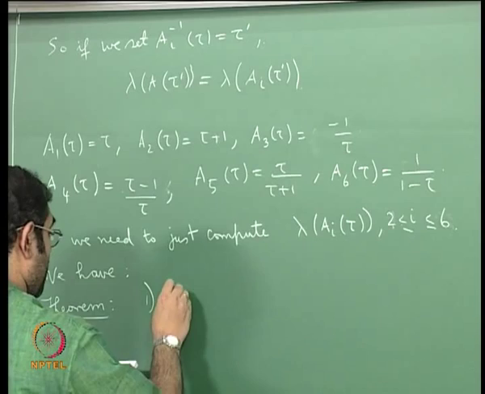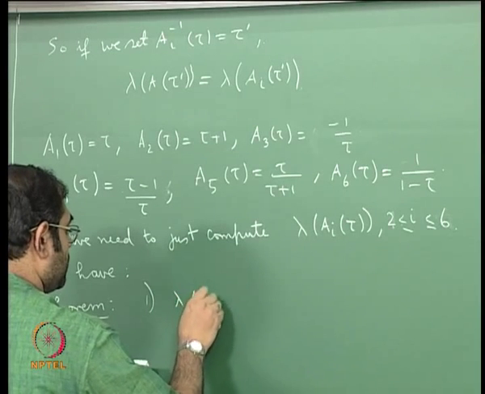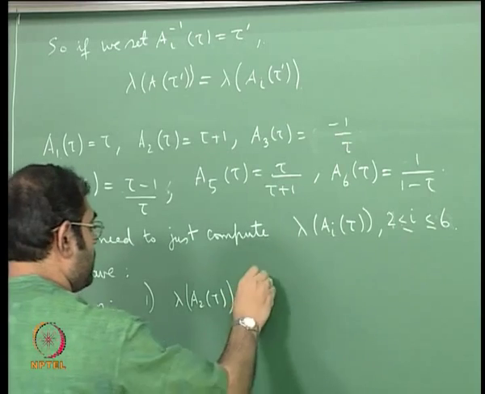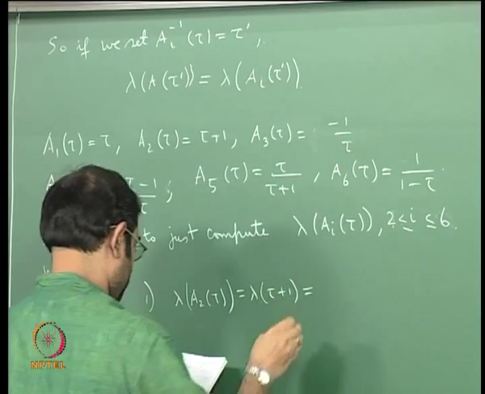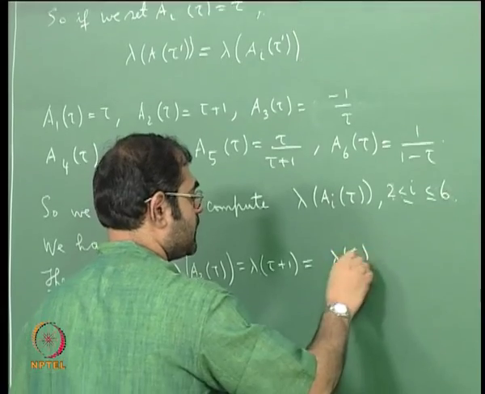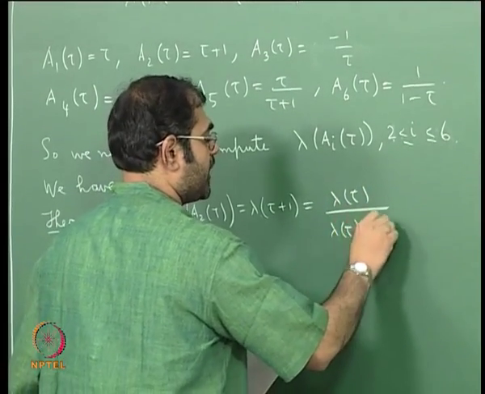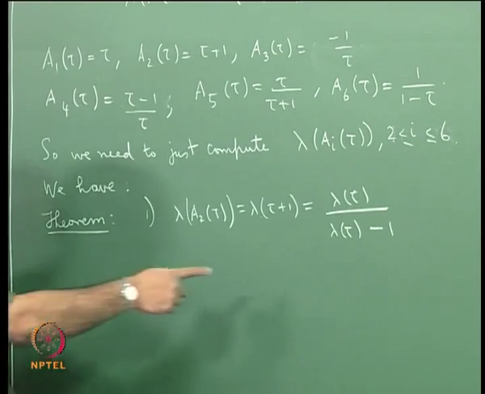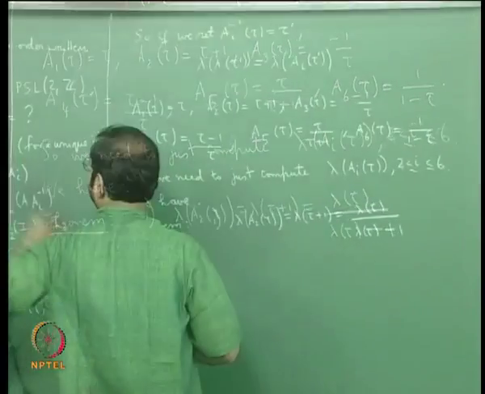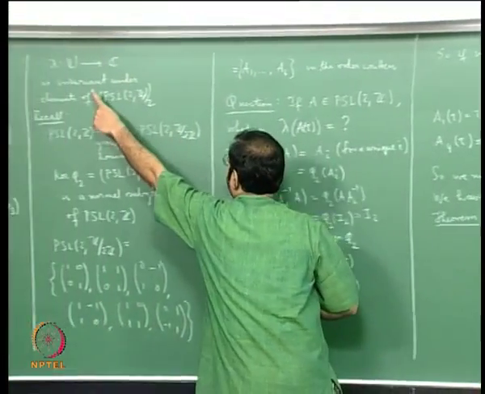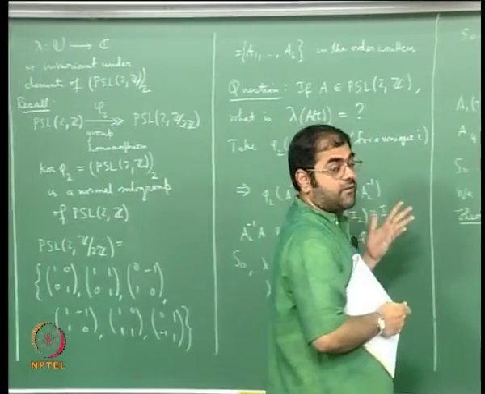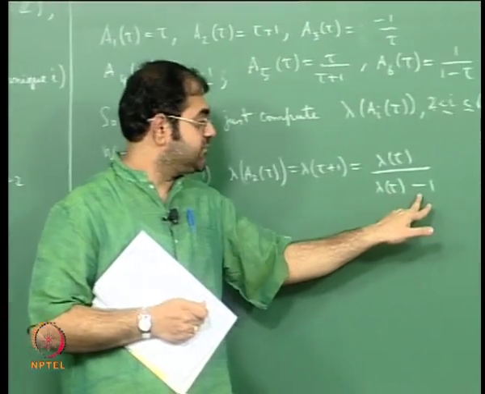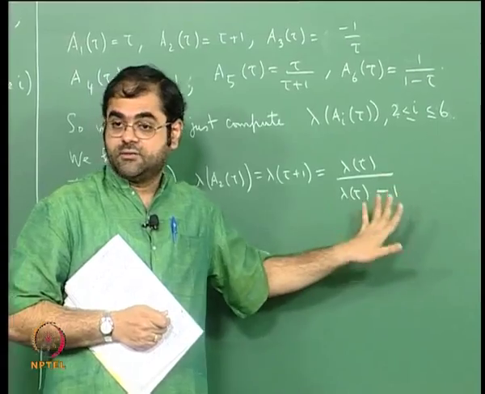Number 1, lambda of a2 of tau is lambda of tau plus 1, that turns out to be lambda tau by lambda tau minus 1. Mind you, the function lambda on the upper half plane never takes the value 1, it never takes the value 0, therefore this division by lambda tau minus 1 is never going to create a problem.